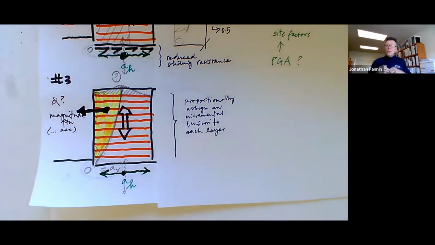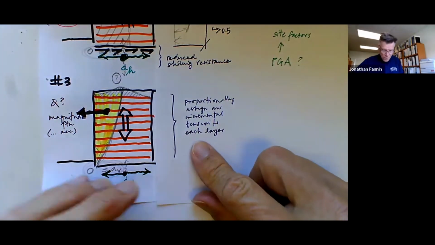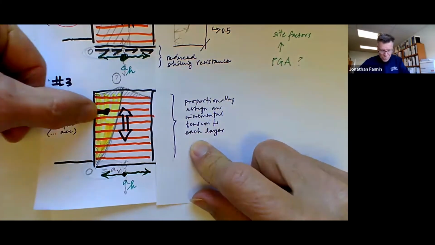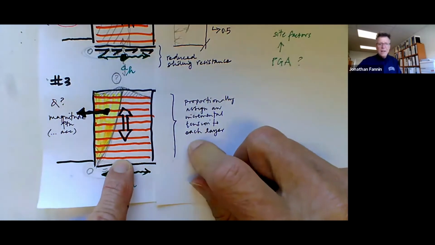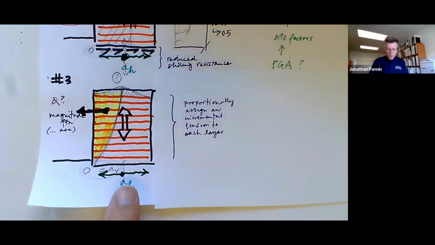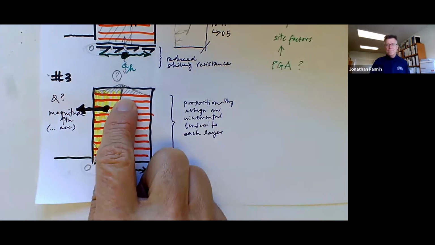And again, the way in which that is done has changed over time. In 2001, the thinking was, let's take the magnitude of this thrust and divide it between all these layers. And hey, you know what? The longest layer takes more than the shortest layer.